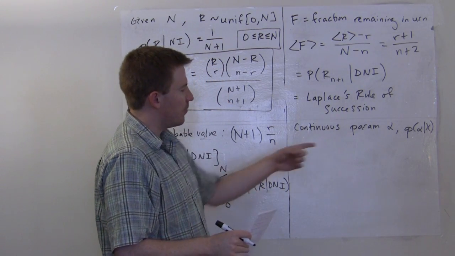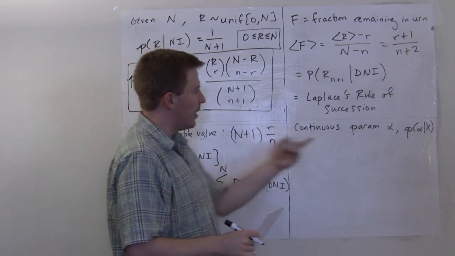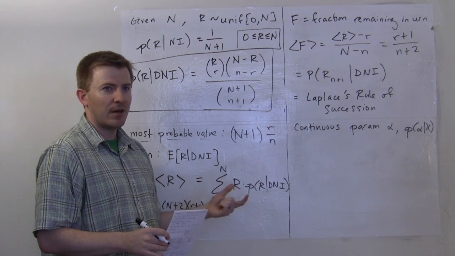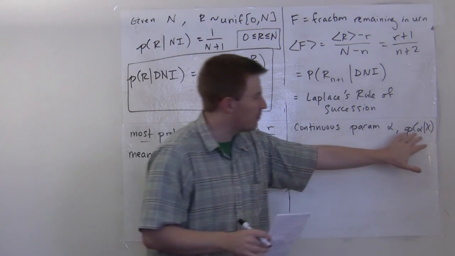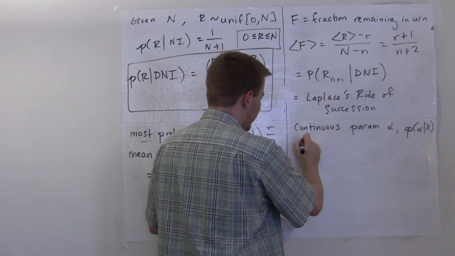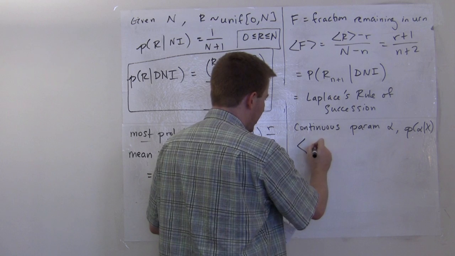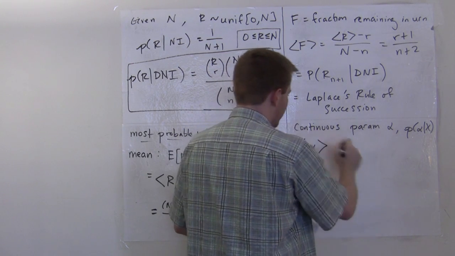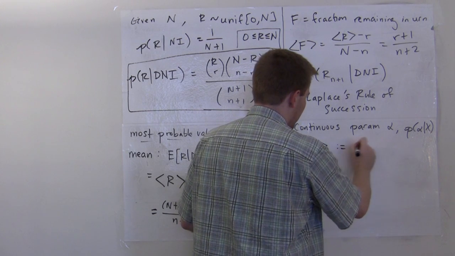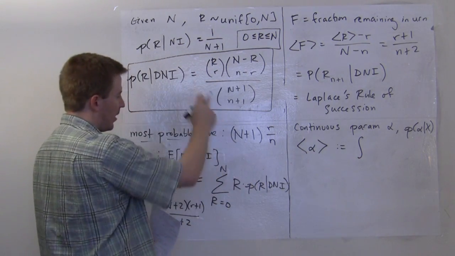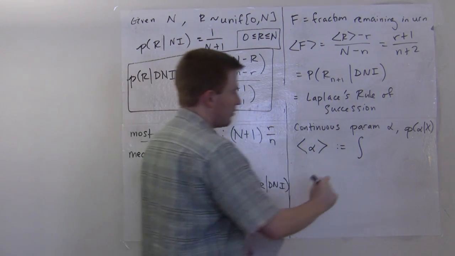The kinds of choices you might make, well, you could pick the mode of the distribution, meaning just the peak value of the probability function. Or, and what's more commonly the case, you'll pick the average value, which for a continuous number you have to define in terms of an integral. Okay, so I'll just write that out here. It's the same kind of integral as we had a sum when we do the expected value computation.